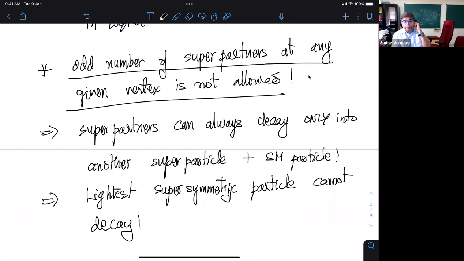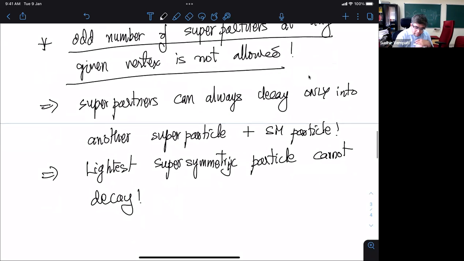It just cannot decay. So it's stable. Okay. So the lightest supersymmetric partner is stable.